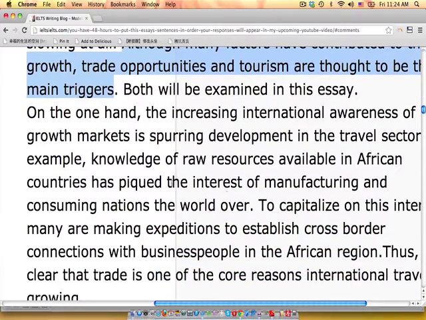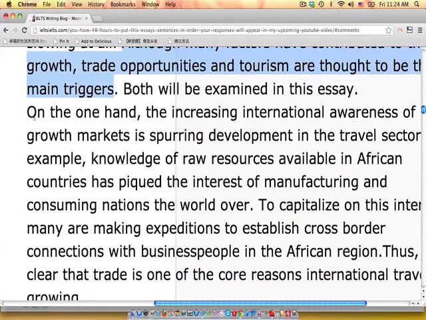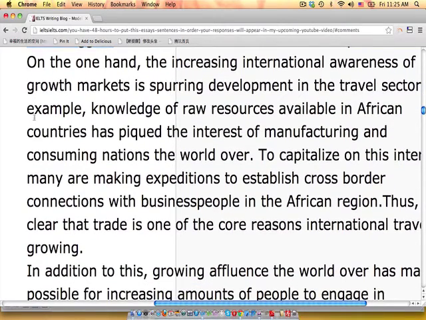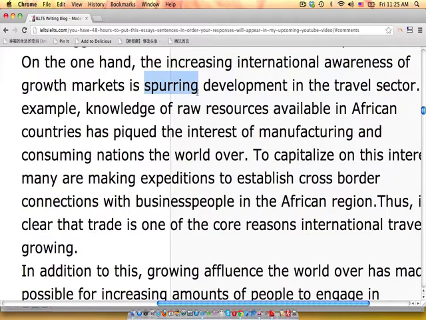Okay, now we get to the first supporting paragraph here, and we start that paragraph with, "On the one hand, the increasing international awareness of growth markets is spurring development." Please take note of these words if they're new. "In the travel sector." Okay?